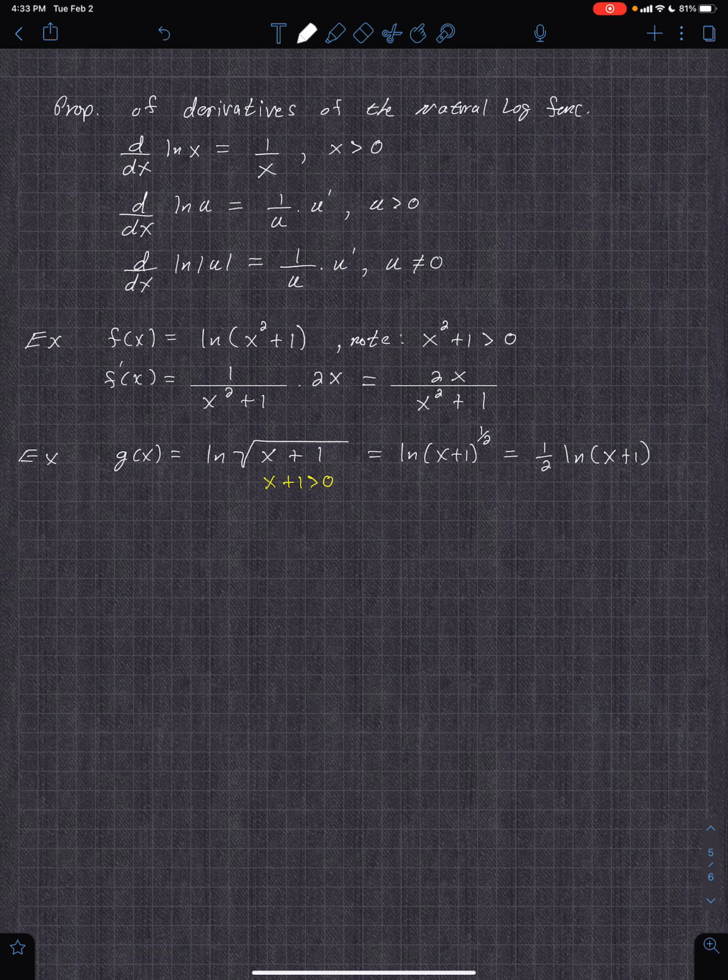So try the derivative. Okay, so see what you get. So g prime of x is equal to what? Well, the half just tags along, but I'll write that as 1 over your (x plus 1) to the half.